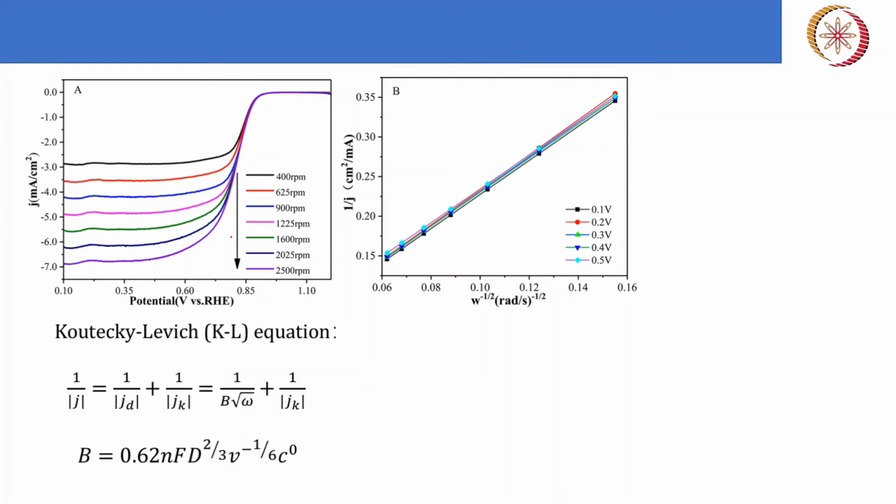As you know, the current value is proportional to the concentration of the active material. So as the electroactive species increases on the electrode surface, your current value increases. With rotation, as it is a hydrodynamic process, the electroactive species keeps coming from the bulk solution to your electrode surface. As a result, you can see that your current value increases with rotation.